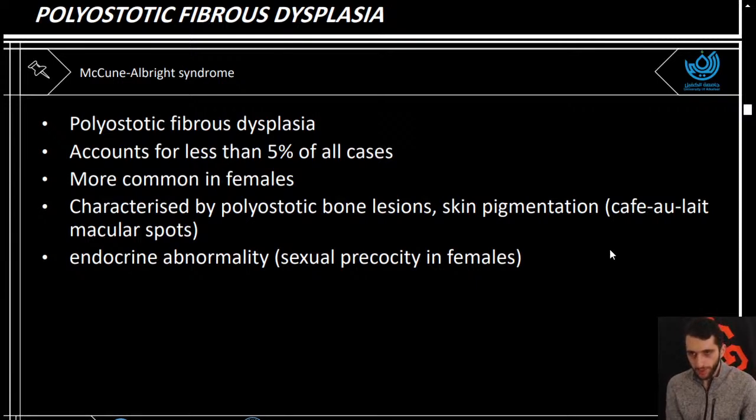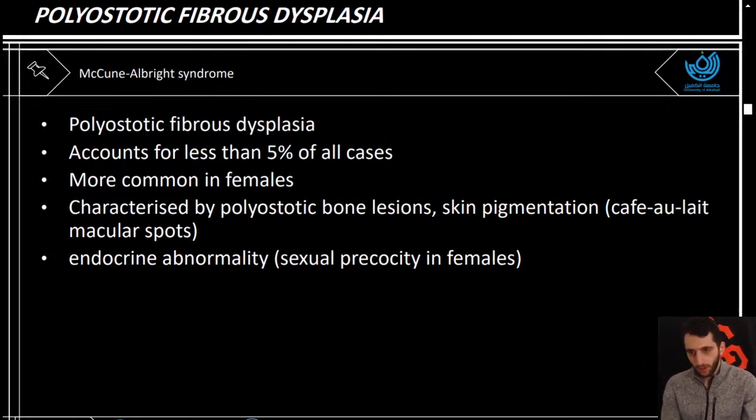And this one is more common in females, unlike the polyostotic and the monostotic fibrous dysplasia that are common between females and males equally. Again, females and males equally.